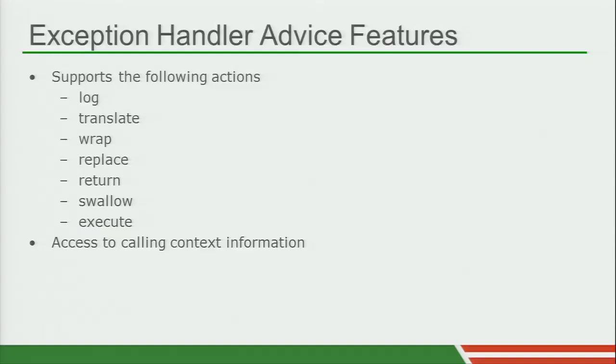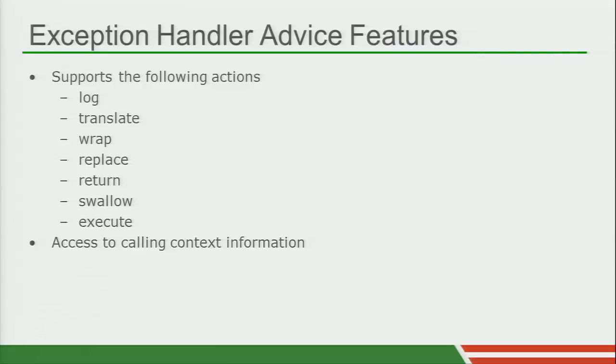As I was talking earlier to the gentleman who asked the question, what does the advice you write look like? I mentioned that the argument to the invoke method that you would write yourself contains metadata about the runtime context of the method that's really being invoked that you're applying the advice to.